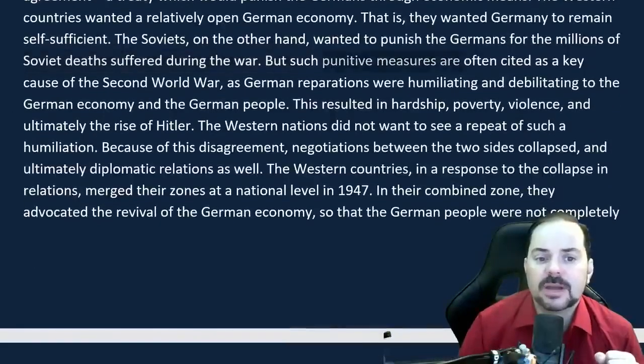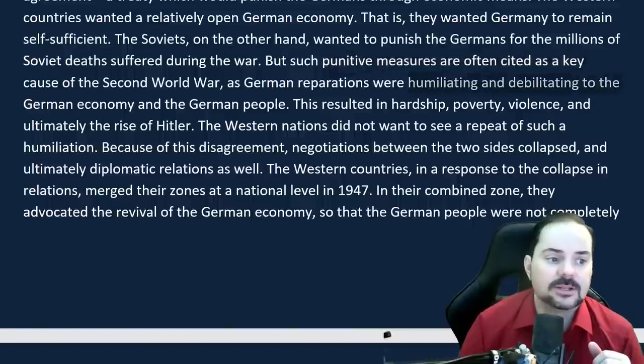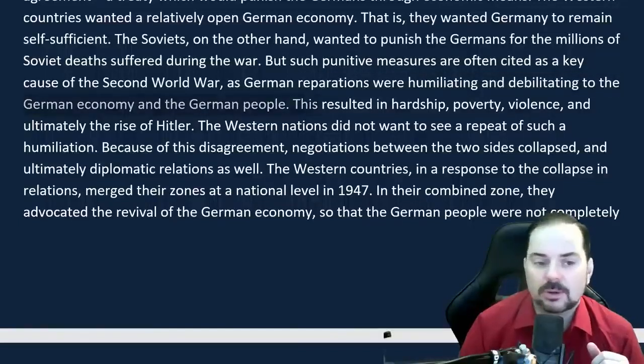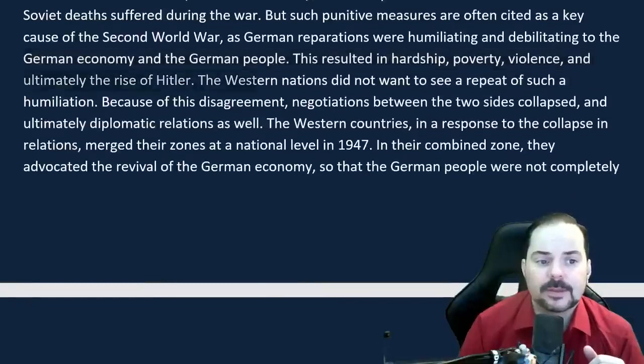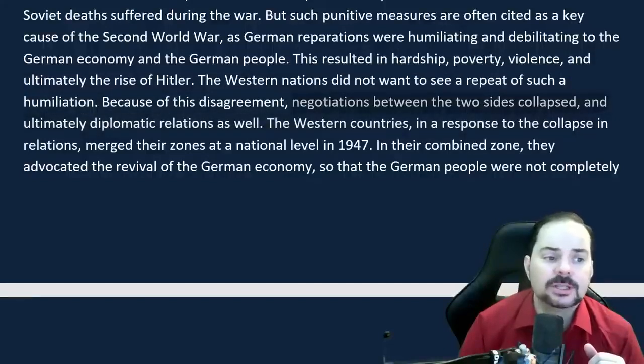But such punitive measures are often cited as a key cause of the Second World War, as German reparations were humiliating and debilitating to the German economy and the German people. This resulted in hardship, poverty, violence, and ultimately the rise of Hitler. The Western nations did not want to see a repeat of such a humiliation. Because of this disagreement, negotiations between the two sides collapsed and ultimately diplomatic relations as well.